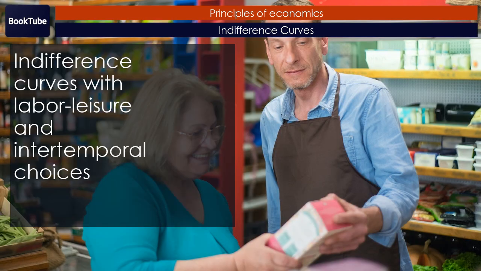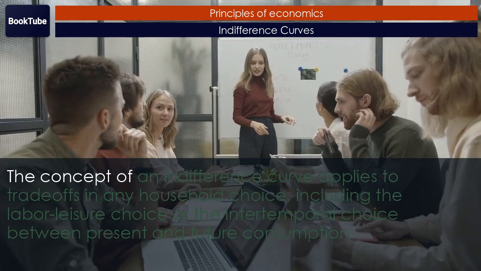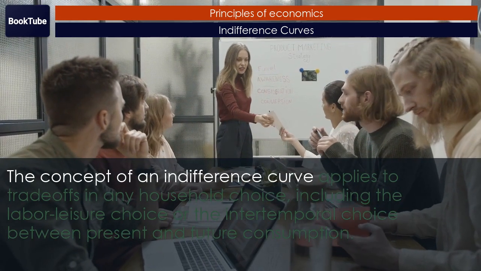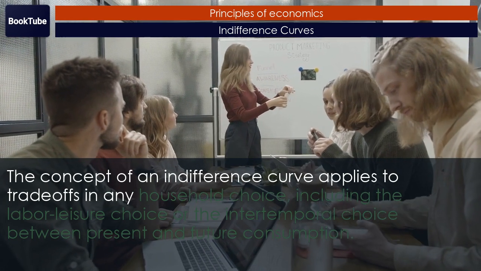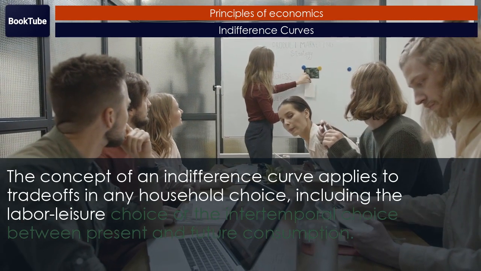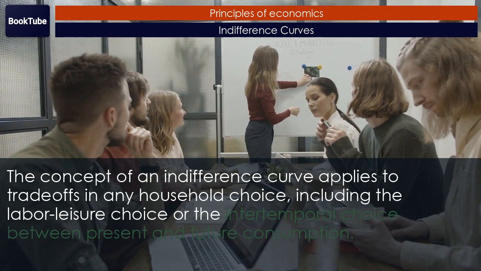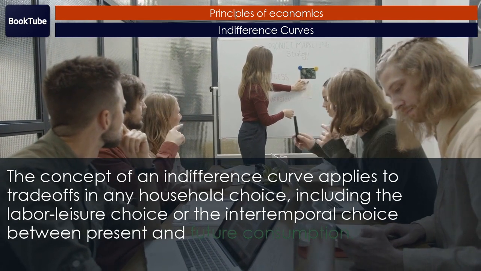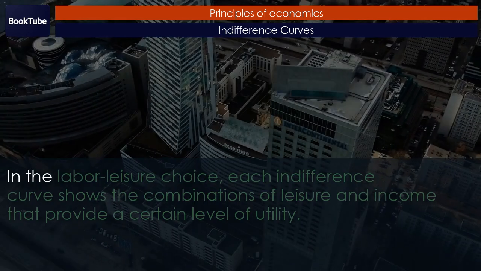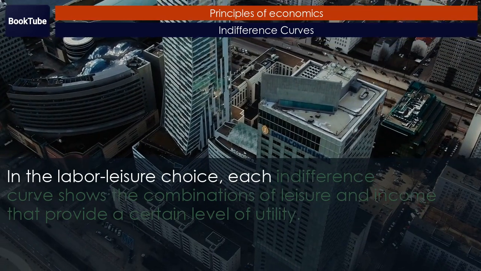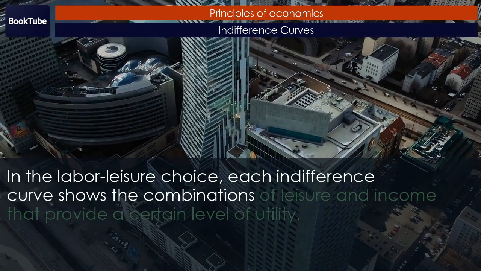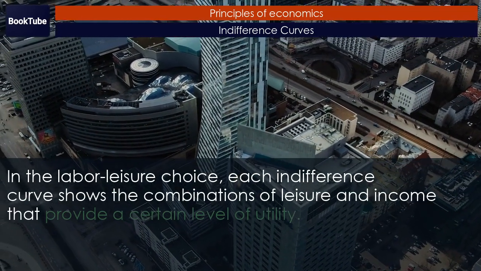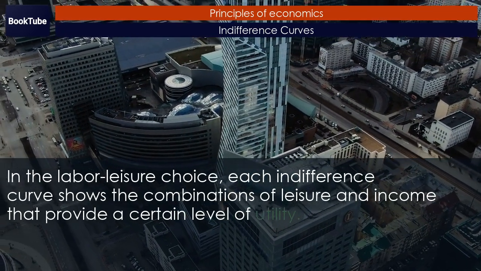Indifference curves with labor-leisure and intertemporal choices. The concept of an indifference curve applies to trade-offs in any household choice, including the labor-leisure choice or the intertemporal choice between present and future consumption. In the labor-leisure choice, each indifference curve shows the combinations of leisure and income that provide a certain level of utility.